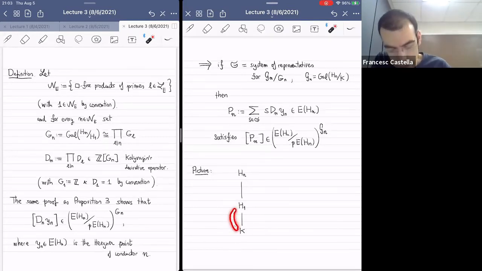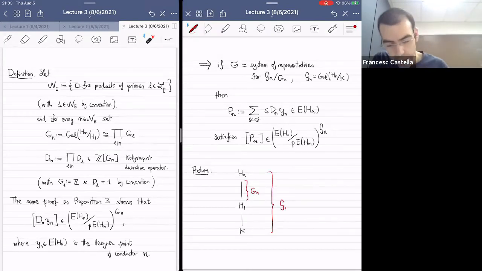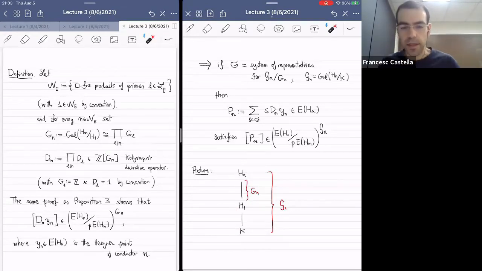So its Galois group is the ideal class group of K, but we're not going to use that so much. So let me just put here, this is what we're calling Gn. And therefore a set of representatives for this quotient is going to be in one-to-one correspondence with the class group of K.